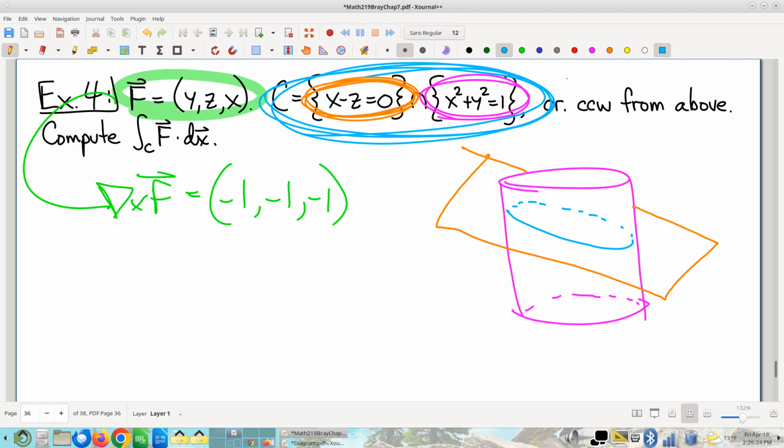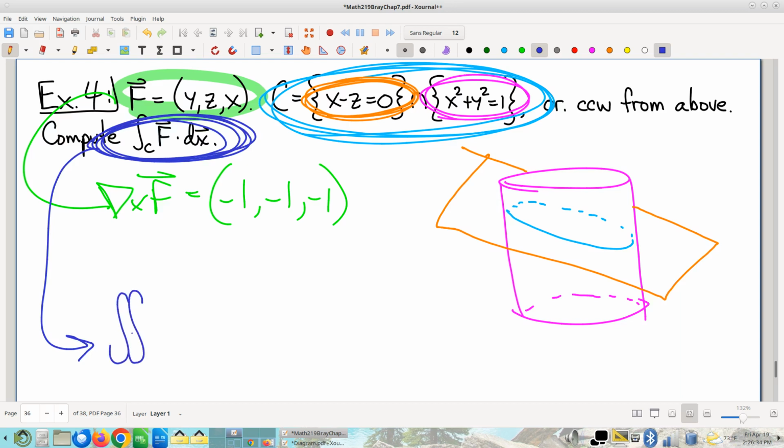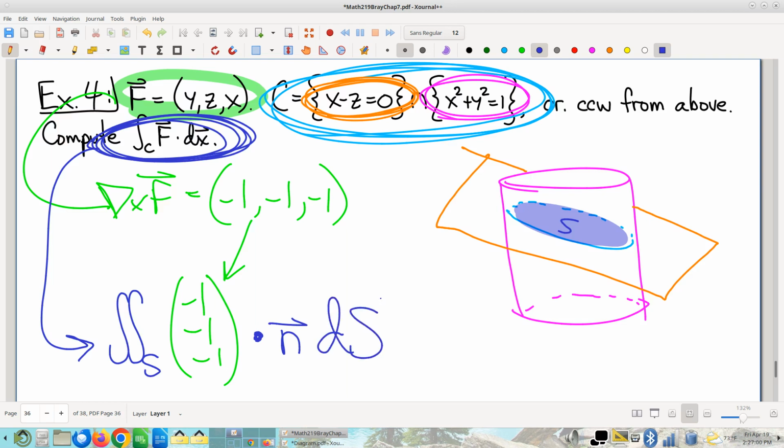This integral right here, by Stokes' theorem, would be the flux through this new surface of our curl dot our normal vector dS.